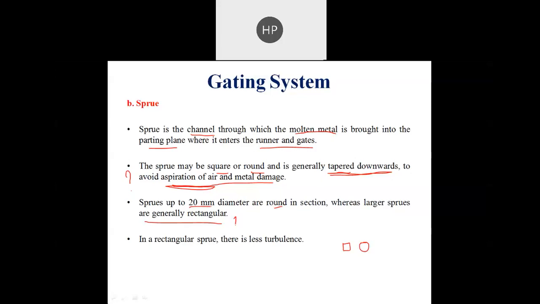In a rectangular shape there is less turbulence. The turbulence effect is also important. Due to turbulence, the flow may erode your sand, and when that sand gets integrated into the molten metal, it again causes a defect, and that's why we have to reduce the turbulence.